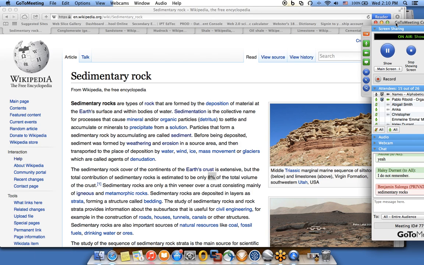So the rocks that you find usually just lying around on the surface, and we are going to see how you can recognize them, a lot of those are sedimentary rocks. So sedimentary rocks are probably the easiest to find.